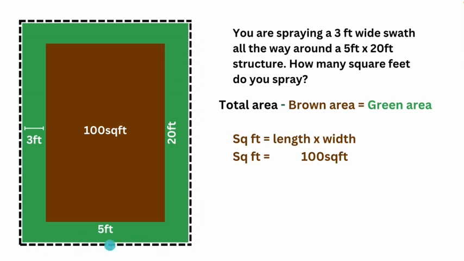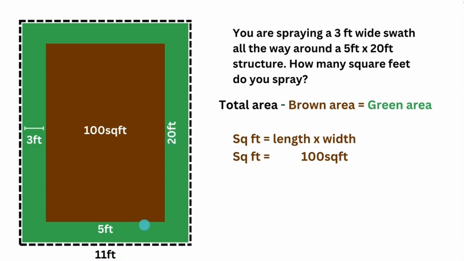What is the length on this side? How do we know that? Well, we know that the length of this side on the brown square is 5 feet, and we're going 3 feet further this way and 3 feet further this way. So it should be 5 plus 3 plus 3 again, which is 5 plus 3 is 8, plus 3 again is 11 feet, okay?